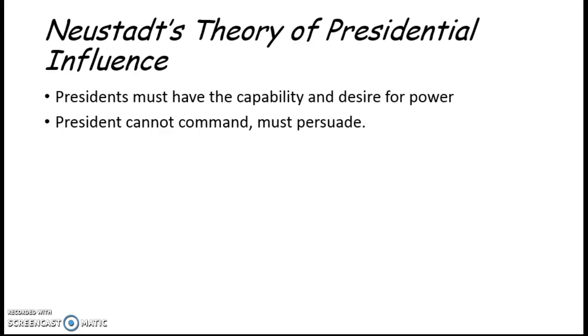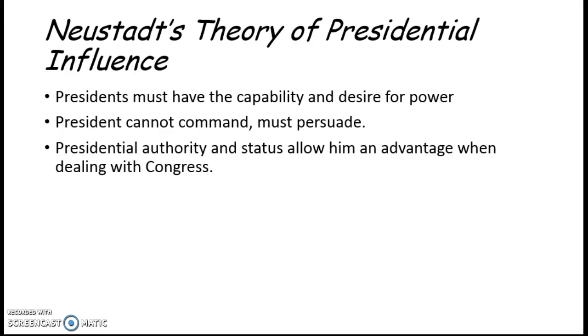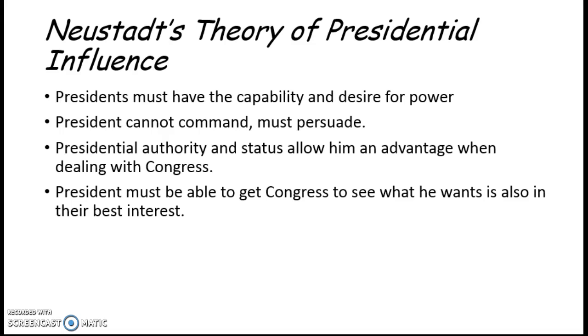So they're talking about the power of persuasion. His authority or her authority and status give him or her an advantage when dealing with Congress. And as far as persuading, the president must be able to get Congress to see what he wants is also in their best interest.